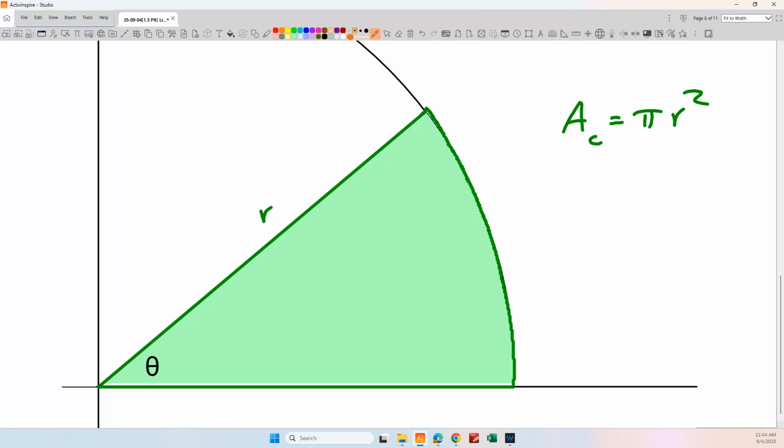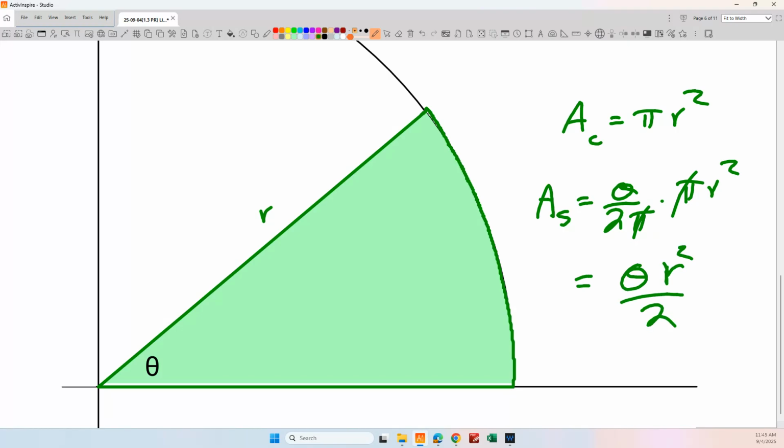Pretty good thinking. But you don't know the value of theta. That's it, theta over 2 pi. Everybody get that? So the area of the sector is theta over 2 pi times pi r squared. Look at that, the pi's cancel, and so we just get theta r squared over 2, which is the formula for the area of a sector.